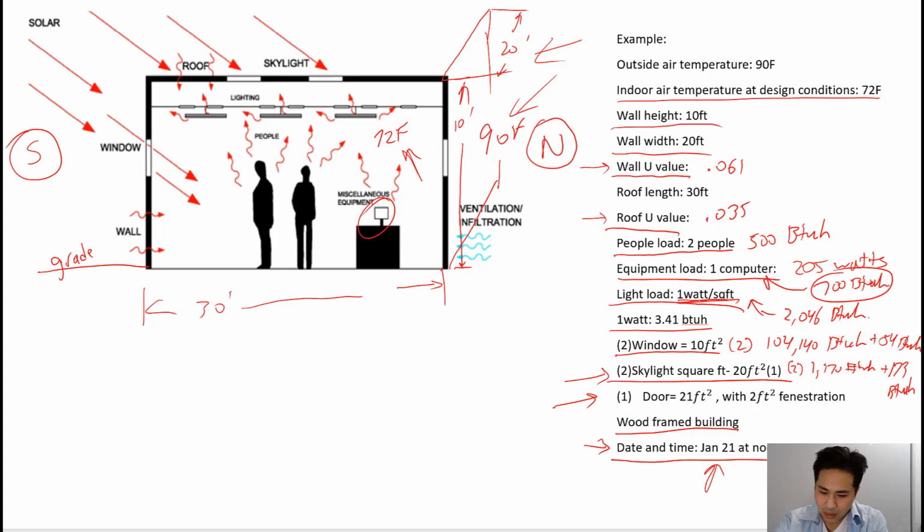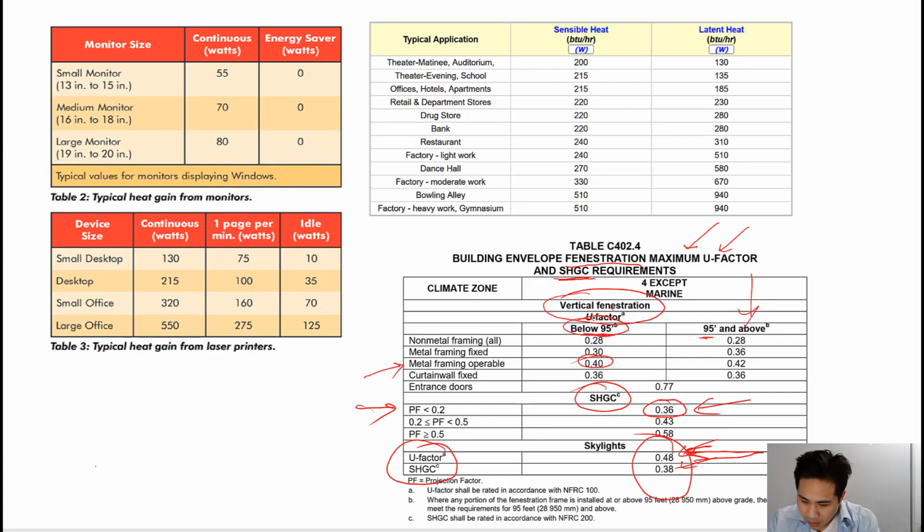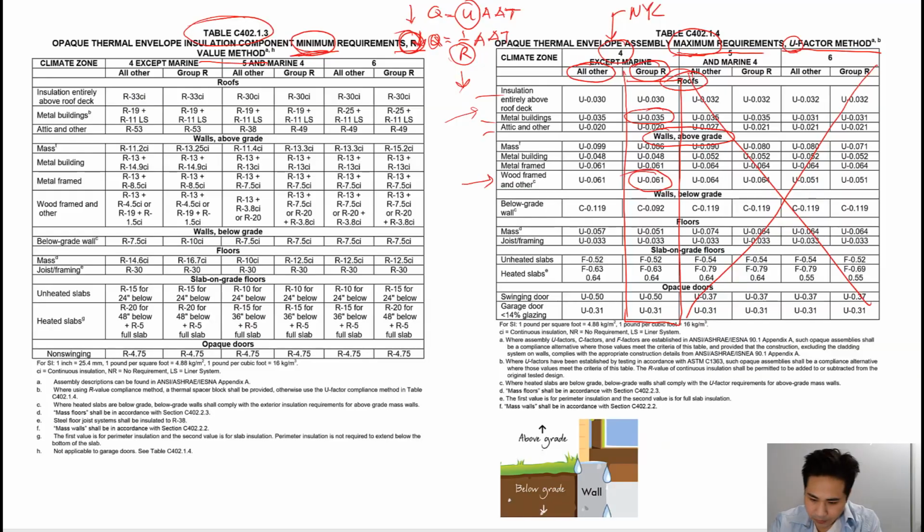Okay, next we're going to calculate the heat transfer through the door. And for the door, we are going to first calculate the conduction heat transfer through it. So U, A, delta T. And the U, we're going to use the maximum allowed per energy code. And that's going to be in the table over here. And we are above grade.